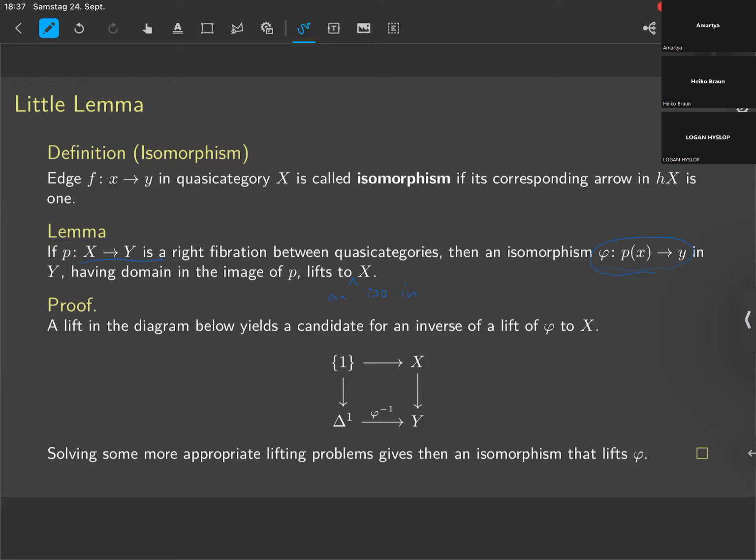So the statement could be equivalently phrased as: right fibrations are isofibrations.